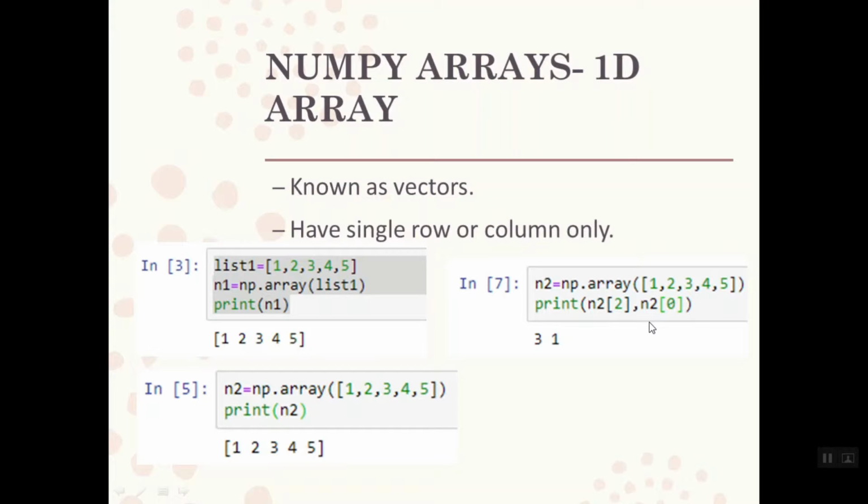Why? Because the counting starts from 0. So the third element will always be the element at the second index. If you want to do it for the first, we'll write 0. If you want to do it for the fourth, we'll write 3, that is n minus 1. Whatever element we want to print, we need to subtract 1 from that.